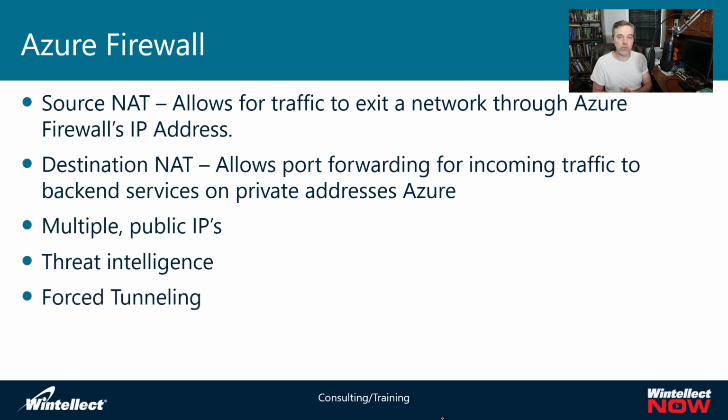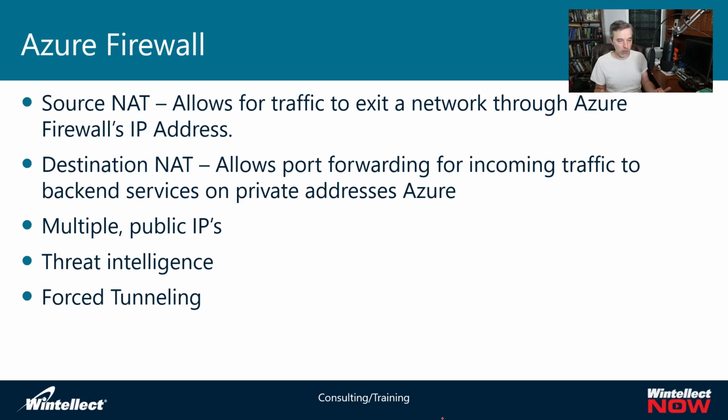And also you can do forced tunneling. What forced tunneling allows us to do is to take traffic and force it over a VPN or an ExpressRoute, and that will allow us to send it over that, so that it goes back over a VPN or from a VPN in the other direction out through Azure.